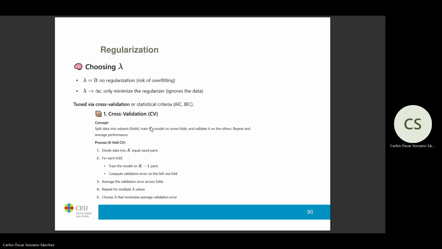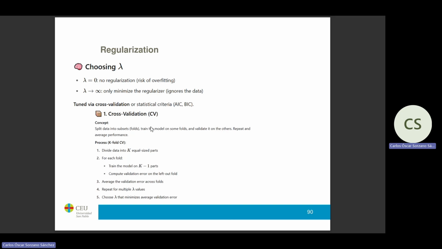Then you repeat that for every block, for every fold, and you compute the average of the validation errors, for a particular lambda. Now you repeat for multiple lambdas, and you choose the one that minimizes the average validation error.